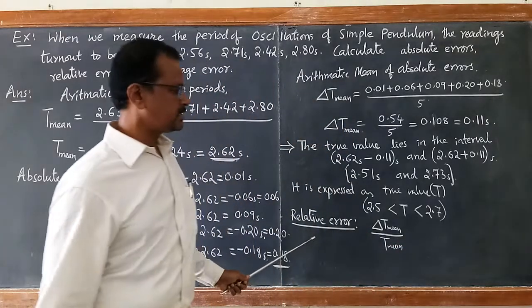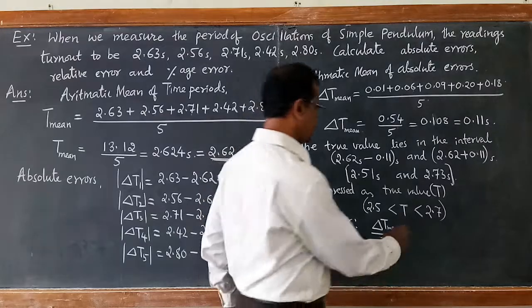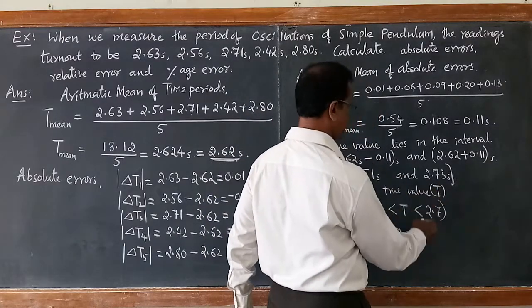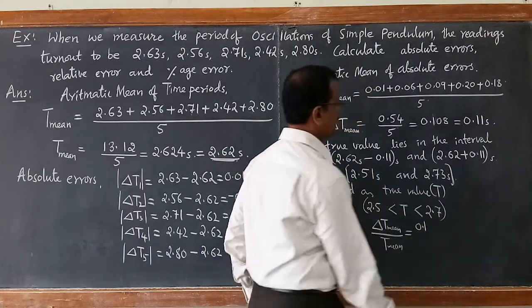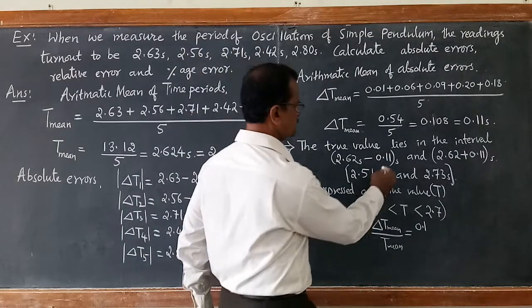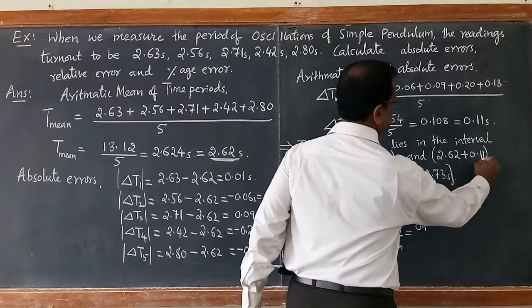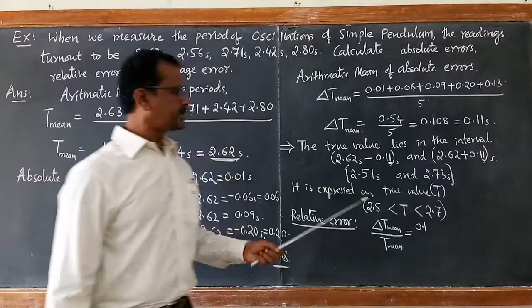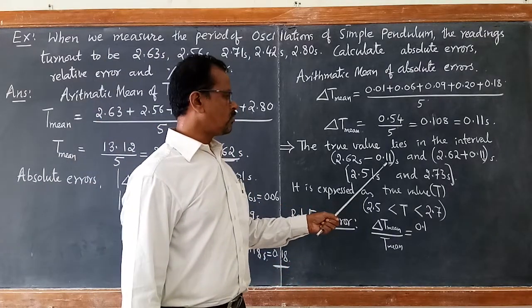We have taken delta T mean almost as 0.1, as we can ignore the 100th of a second and take only up to 1/10 of a second.